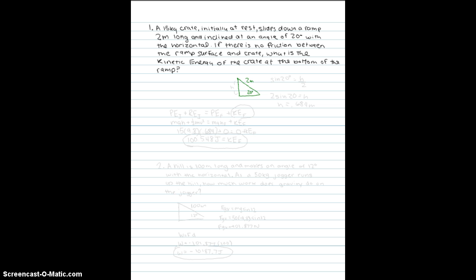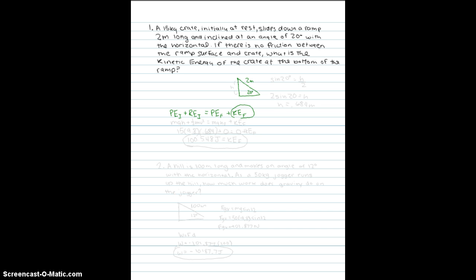Set up an equation: potential energy initial plus kinetic energy initial equals the potential energy at the bottom, which we'll call the final, plus kinetic energy at the bottom. The question is asking what the kinetic energy at the bottom is, so we want to solve for this.